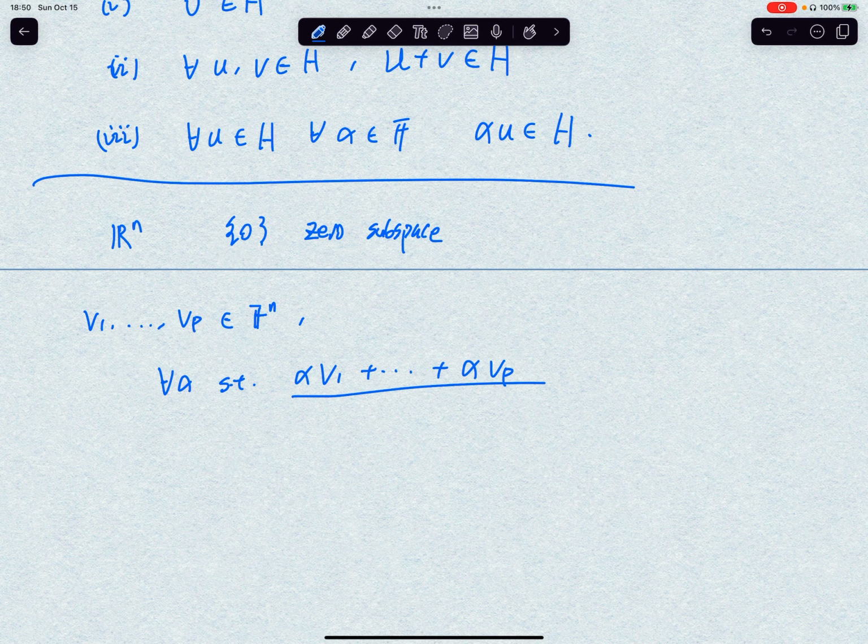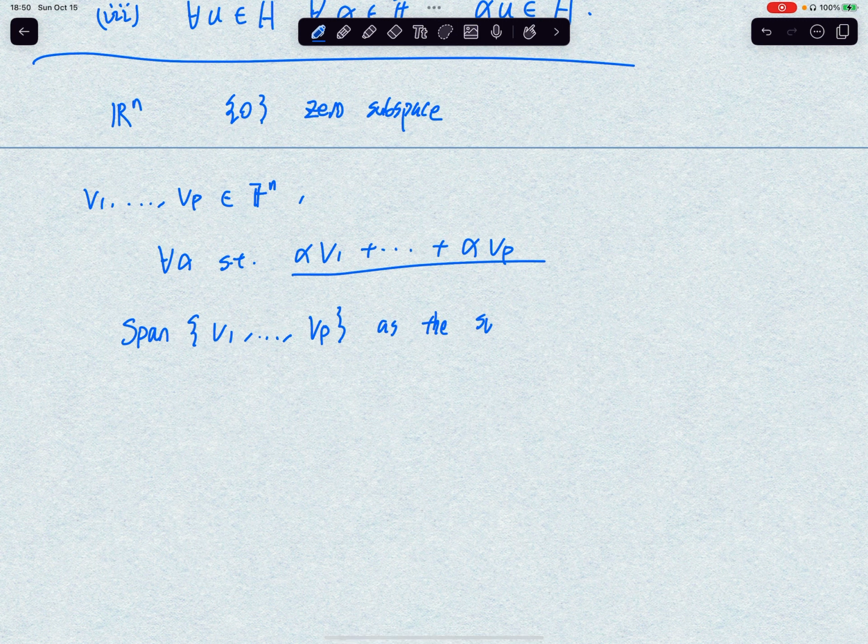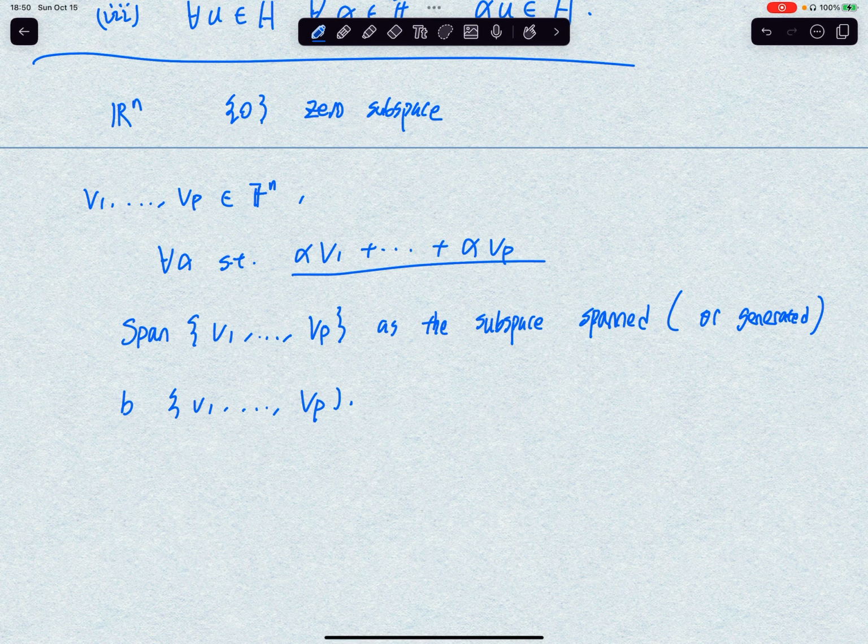So that is, the set of all linear combinations of v1 up to vp is a subspace of Rn or Fn. And we shall denote by span of v1 up to vp the subspace spanned or generated by v1 up to vp by linear combinations.